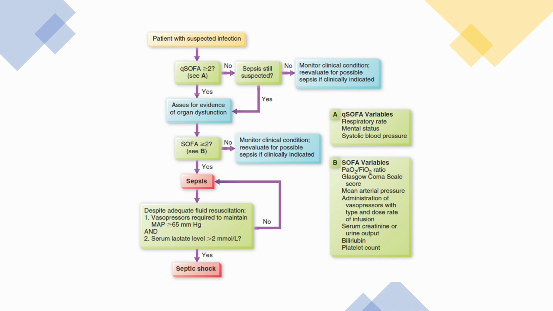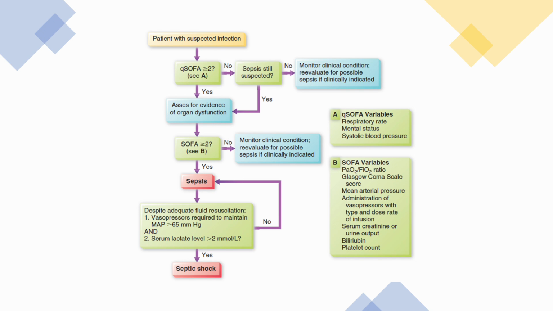higher ICU mortality. Now, this diagram outlines the clinical approach to suspected sepsis using qSOFA and SOFA scores. For patients with suspected infection, you want to start by assessing the qSOFA criteria: respiratory rate, altered mentation, systolic blood pressure. If qSOFA is greater than or equal to 2, assess further for organ dysfunction using the SOFA score.